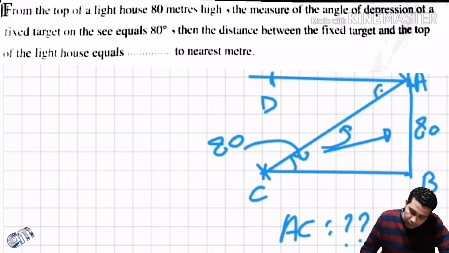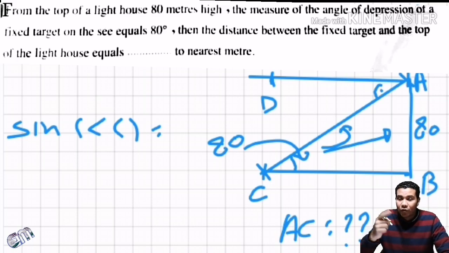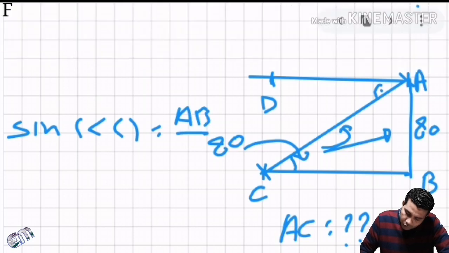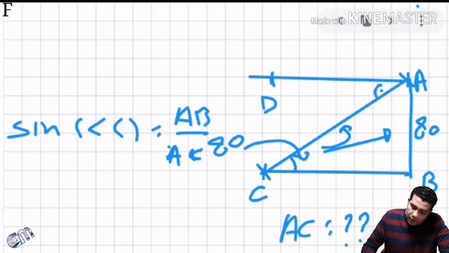Therefore, sine C equals, since sine angle C equals opposite over hypotenuse, AB over AC. Now sine 80 equals AB 80 over AC.